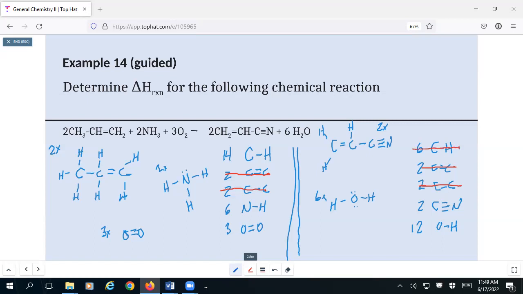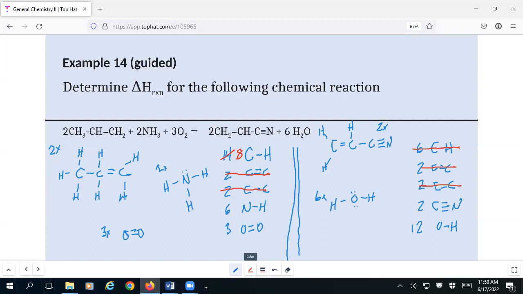So I can take away 6 of these, which would leave me with 8. This reaction now distills down to the breaking of 8 carbon to hydrogen bonds, the breaking of 6 nitrogen to hydrogen single bonds, and the breaking of 3 oxygen to oxygen double bonds, and the formation of 2 nitrile groups and 12 hydroxyl groups.